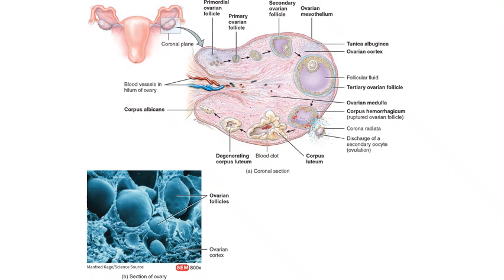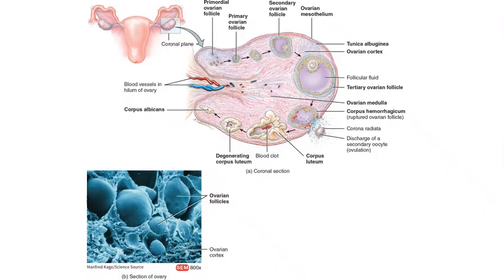Later in development, they will eventually form several layers, and these are referred to as granulosa cells. The surrounding cells are there to nourish the developing oocyte and begin to secrete hormones like estrogens as follicles grow larger in the ovary.